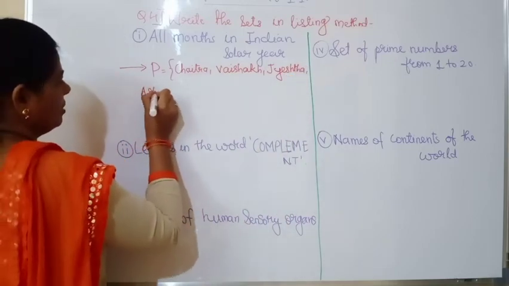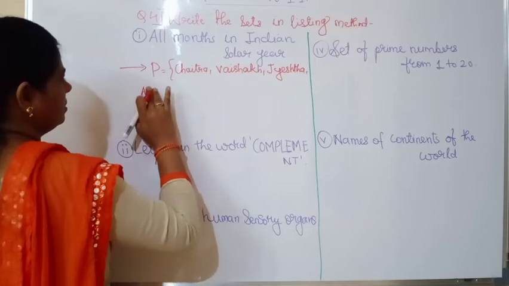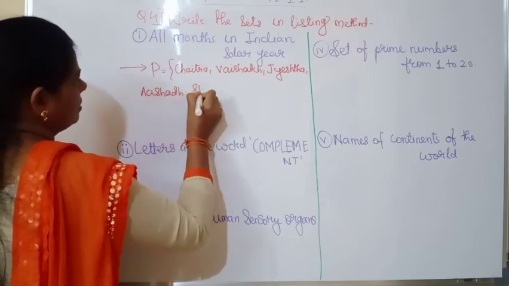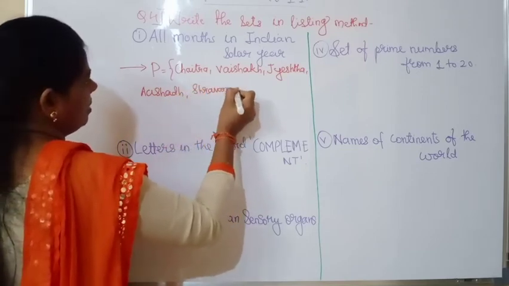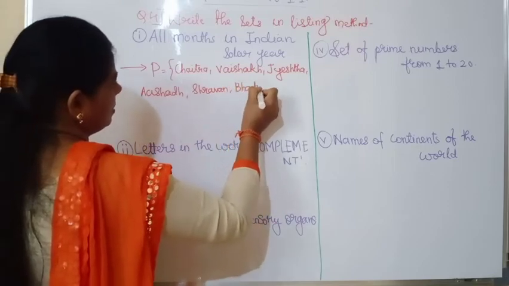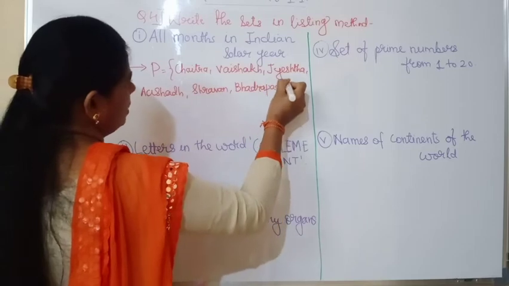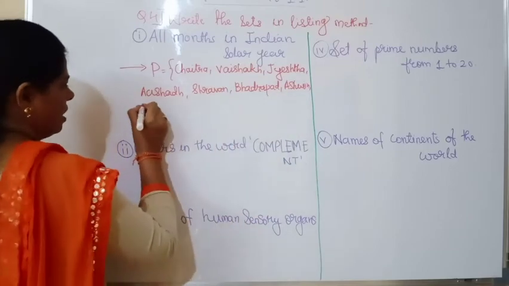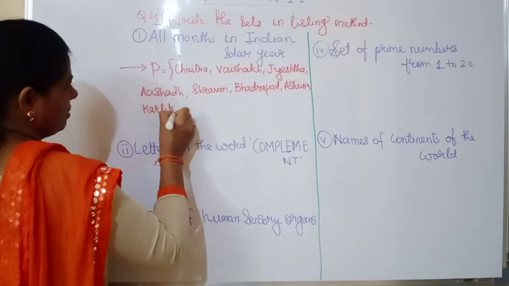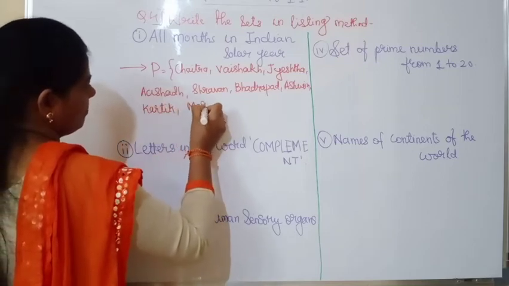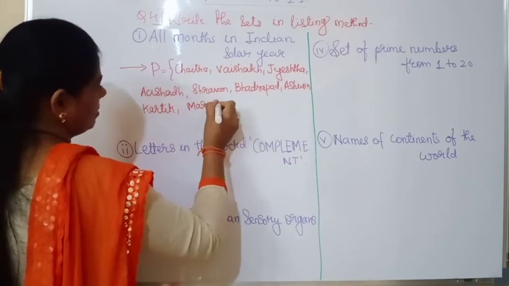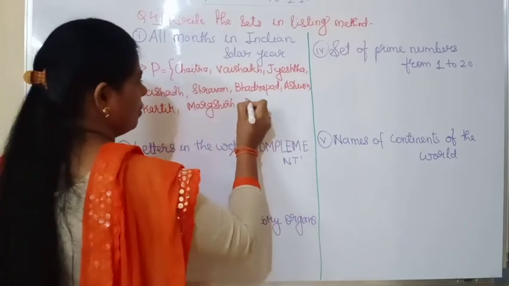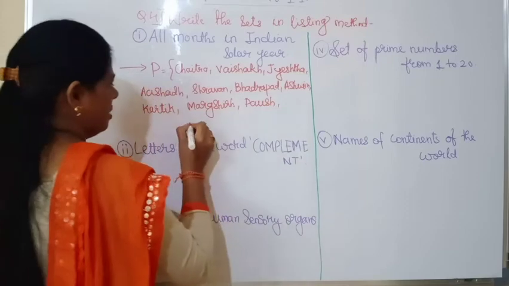Ashad, Shravan, Bhadrapad, Ashwin, Kartik, then Margashish, Paush, Magh and Falgun.